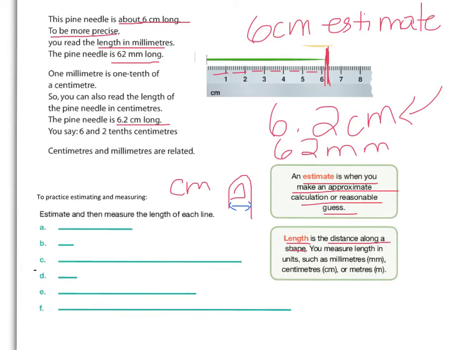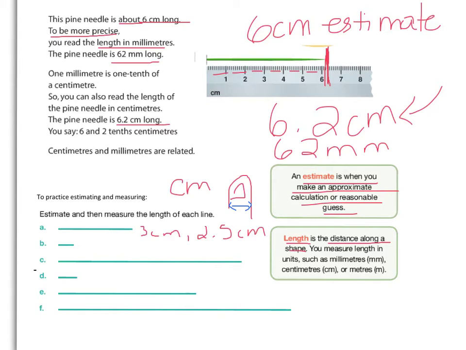Alright, so for our first line, it is about 3 pinkies wide, so 3 centimeters for our estimate. And then with our ruler, for our actual, it is actually 2.5 centimeters. Now for a second line, which is very short, it's less than 1 pinky for me.